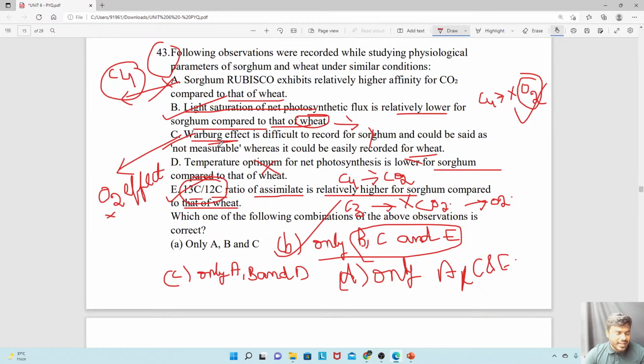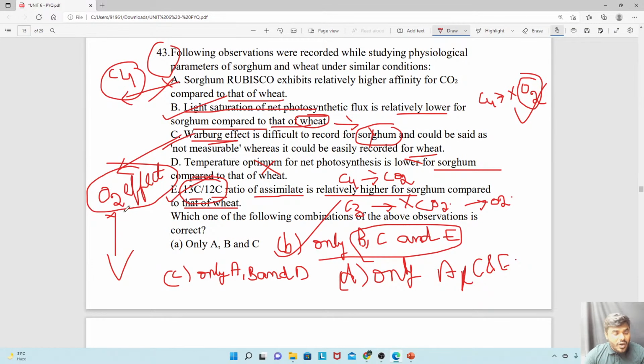Warburg effect is basically used to study the oxygen effect in the plant body, or basically to study the oxygen fixation. But you know, in the C4 plant we don't show any kind of photorespiration, which means we don't show any kind of oxygen fixation.